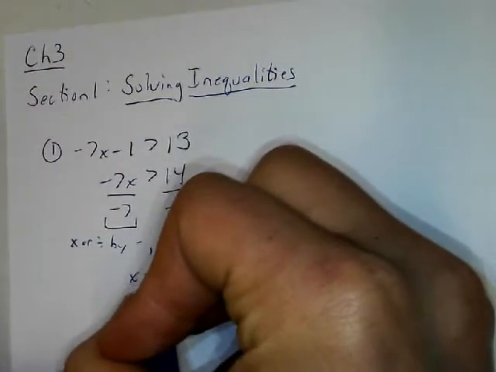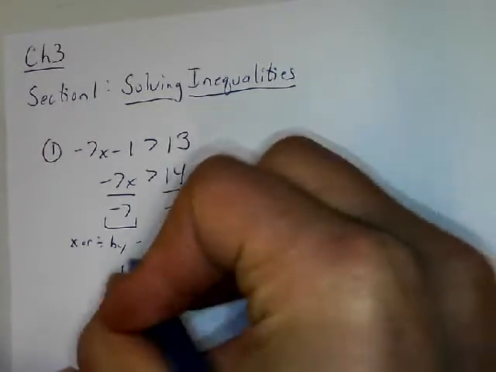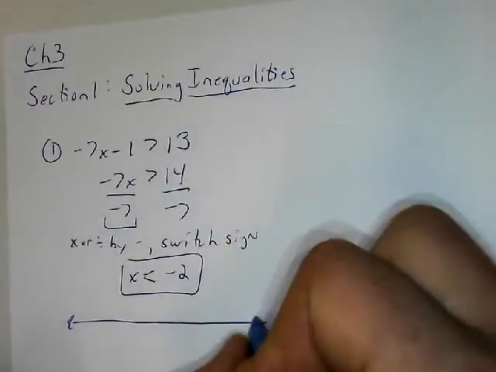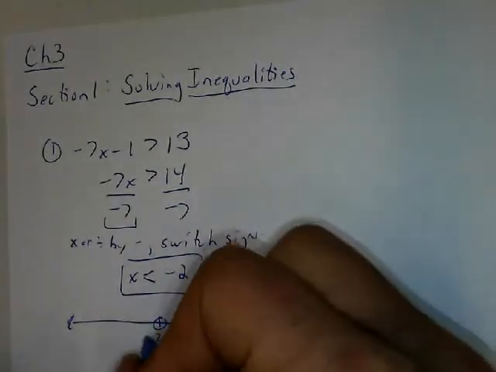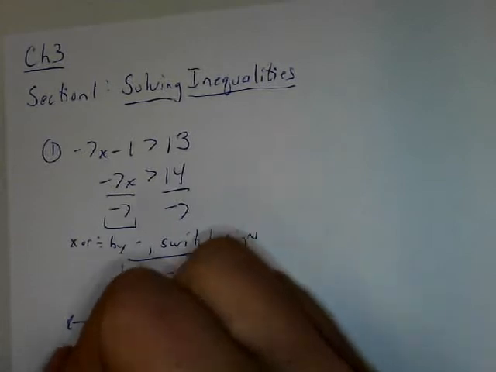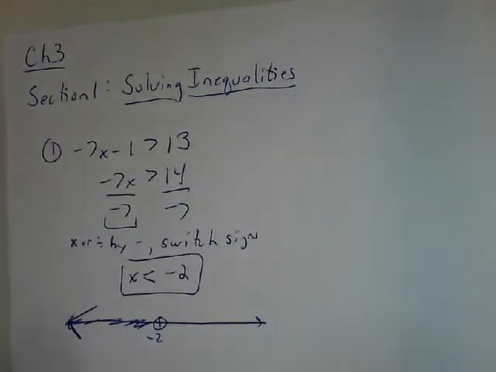So therefore, x must be less than negative 2. If we graph this on a number line, it would look like an open circle at negative 2, and then shaded to the left for all the values less than it.